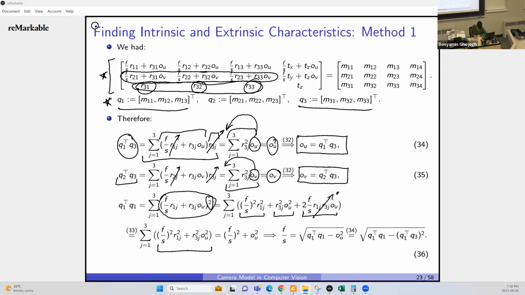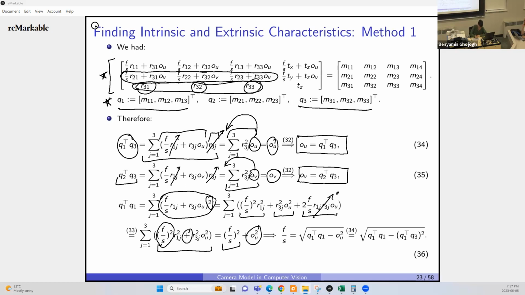So I'll have only these. Then this summation can be broken into two summations. For the first summation, this is a constant, it comes out, and this will be the L2 norm of R1, which is 1. So I will have F over S squared. Similarly, I will have OU squared because the L2 norm of R3 is also 1.